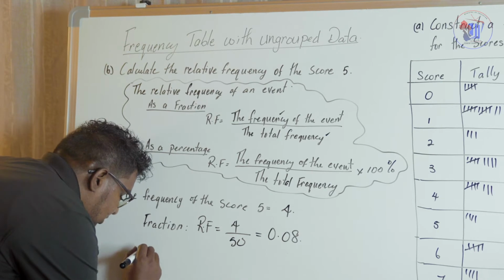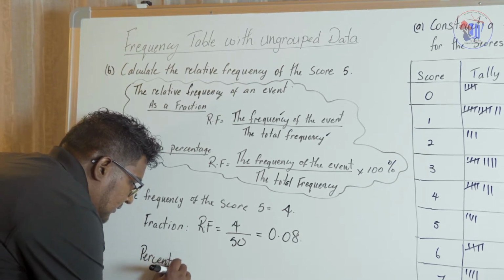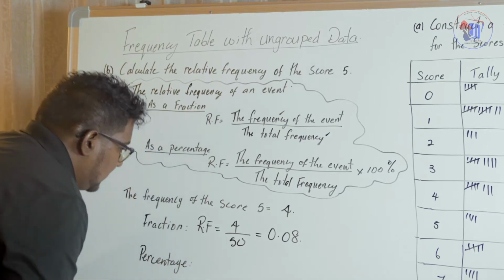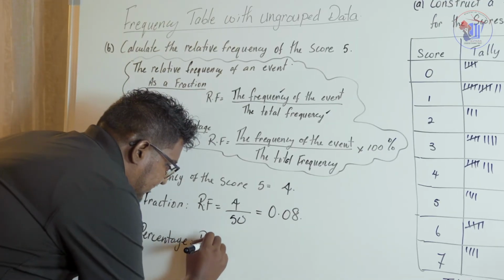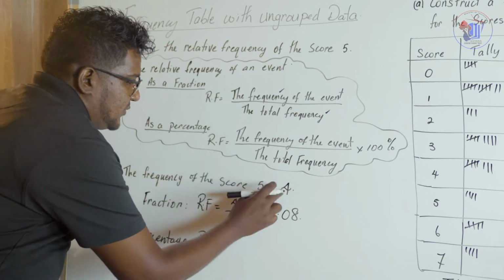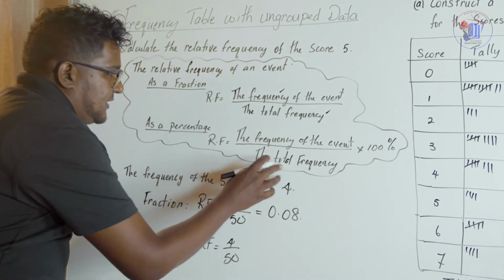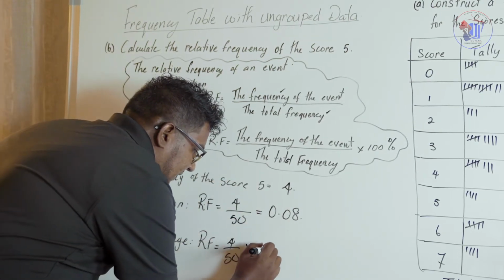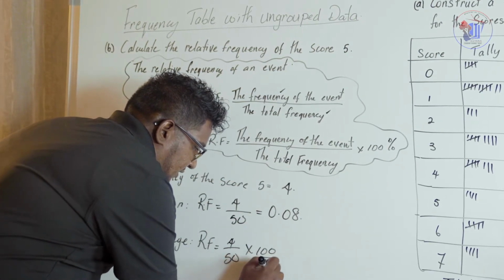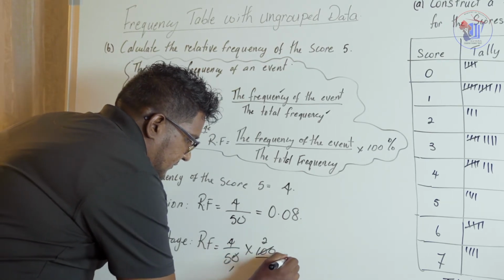And as a percentage, we have RF equals the frequency of the event, which is 4, divided by 50, the total frequency, multiplied by 100. We put this over 1, 50 ones, 50 twos.